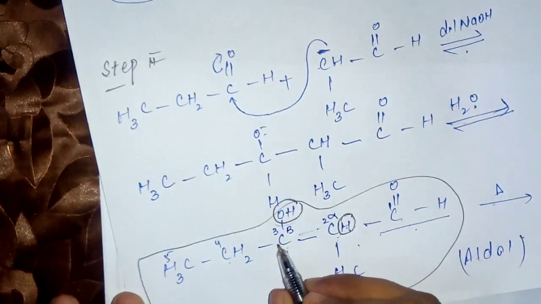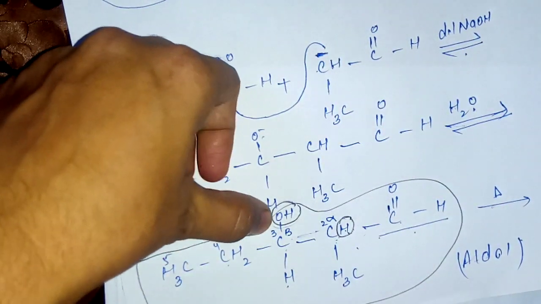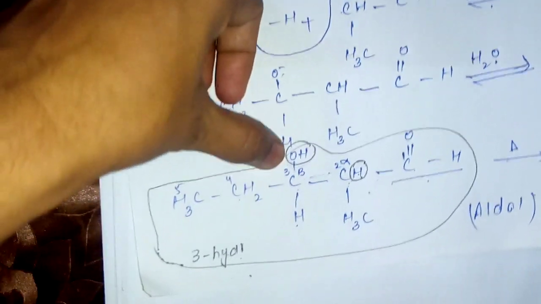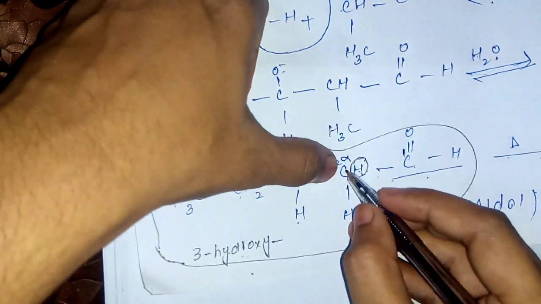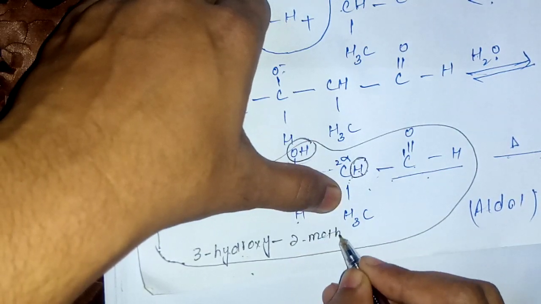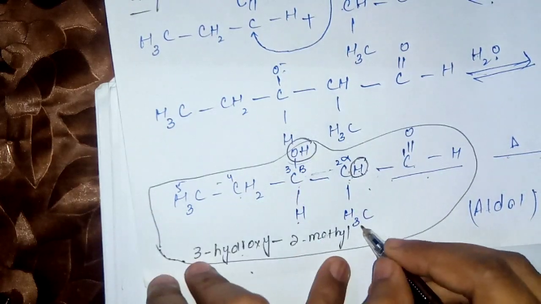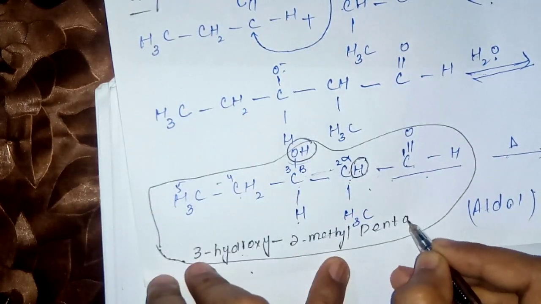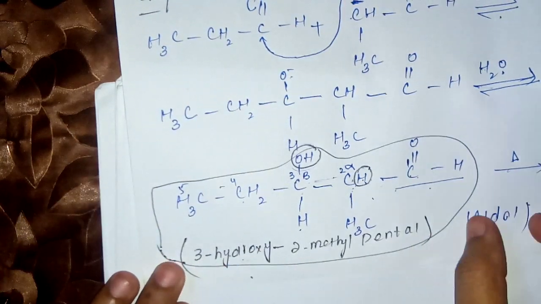This was 3-hydroxy and 2-methyl, 1 2 3 4 5. This is 5, so it is called the pentanol. You can also write this one name or this one name.